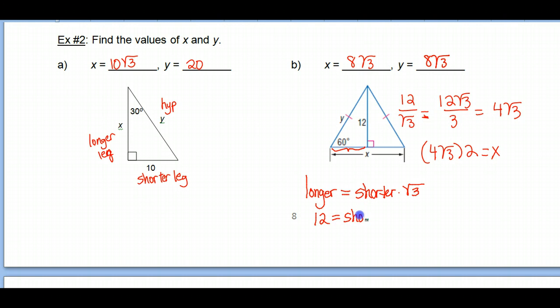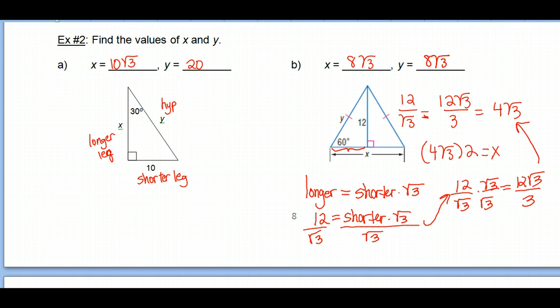I'm not actually looking for the shorter leg, but if I can figure out what the shorter leg is, I can figure out what x would be equal to, which is the same as y because you have an equilateral triangle. So I'm dividing both sides by root 3, which is 12 root 3. When I rationalize that, we get 12 root 3 over 3.